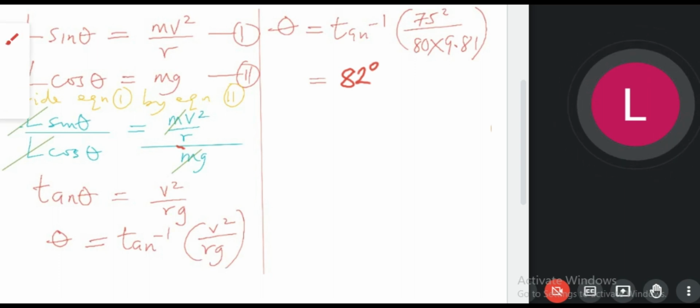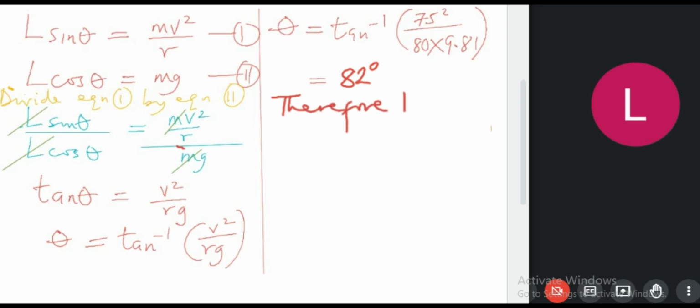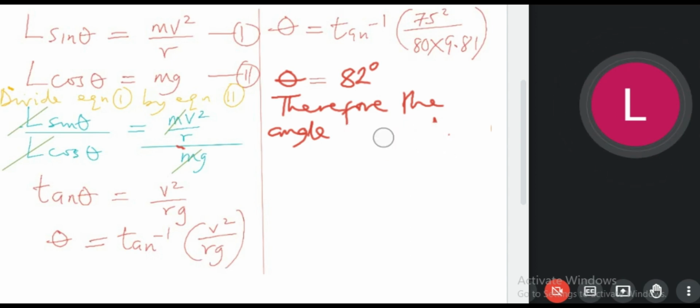Therefore the angle of bank would be the complementary angle to 82 degrees. If theta is 82 degrees, the angle of banking, which is what we are required to find, is the angle the aeroplane will make with the horizontal.